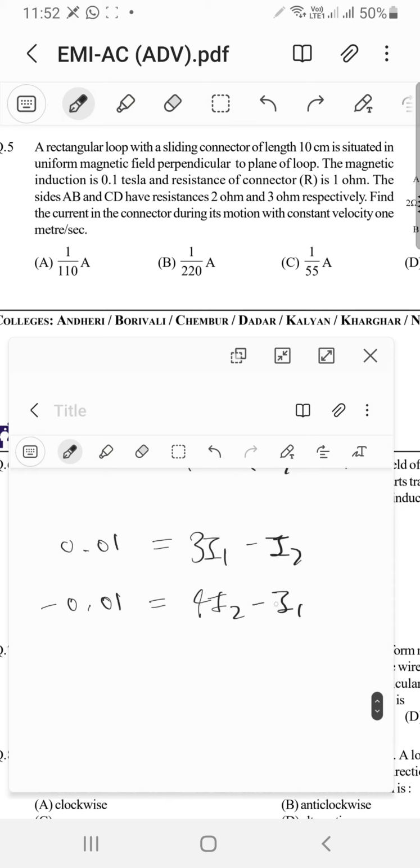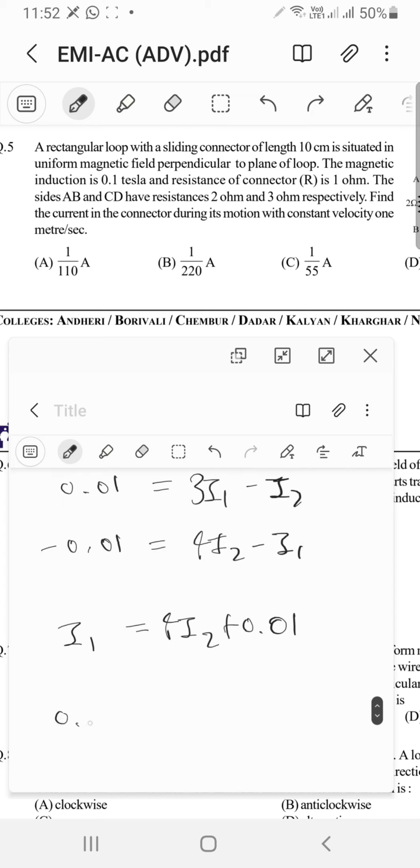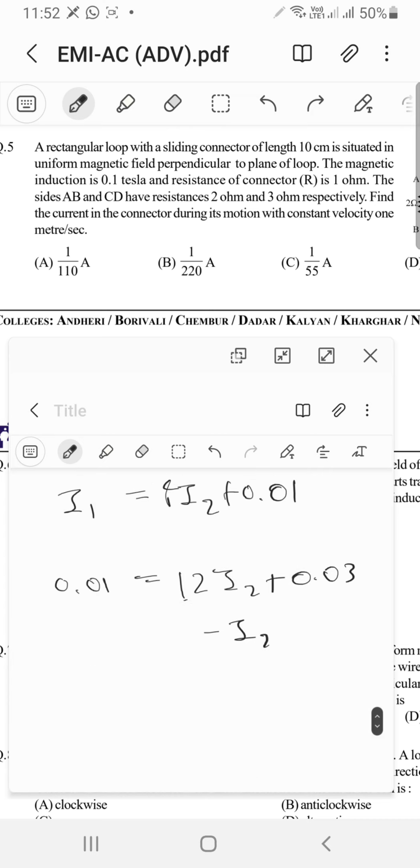Yeah, that looks nice. So you can just say, fine, I1 is equal to 4I2 plus 0.01, and put that in this. So it should be 0.01 equal to 3 times that, which is 12I2 plus 0.03 minus I2, so that's 11I2.